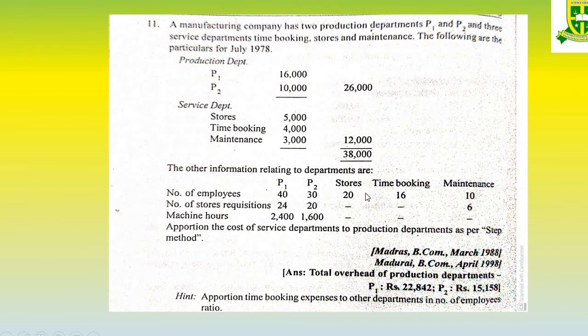Since I am going to make time booking 0, don't take 16 into consideration because you are not going to allocate to time booking. So just avoid 16, add the others. So 40 plus 30 plus 20, 90. 90 plus 10, 100. Don't add 16 because you are not going to allocate to time booking. You have to make it 0. So that ratio will be 4:3:2:1.